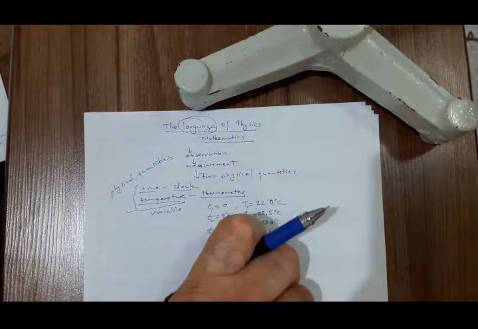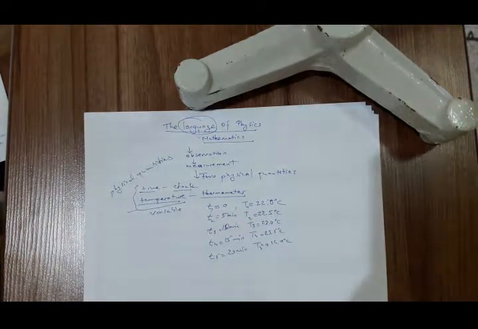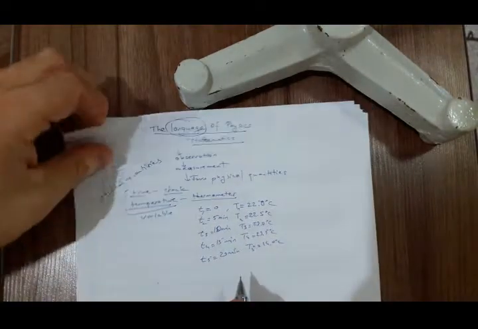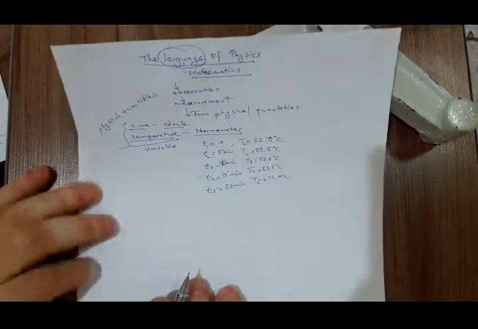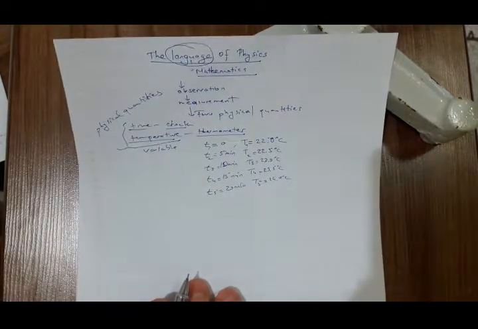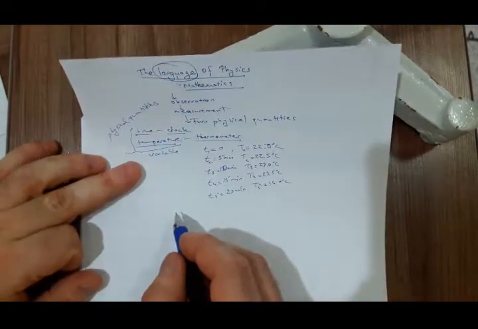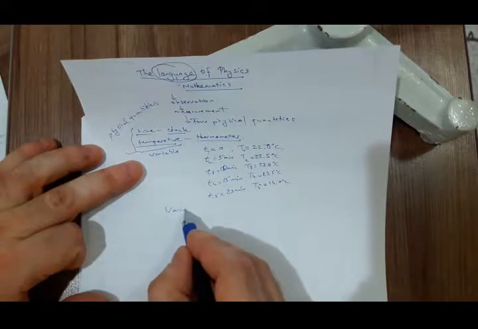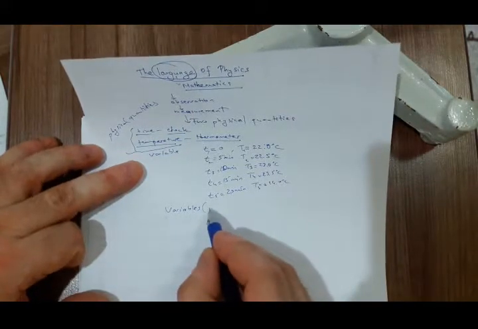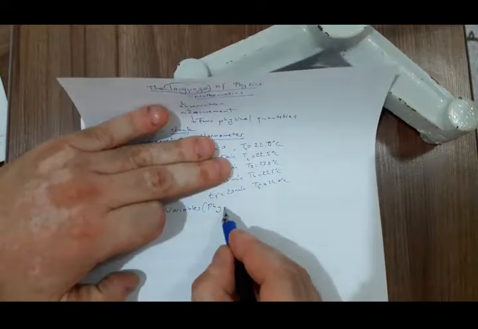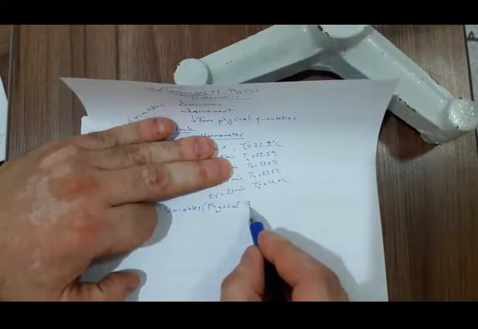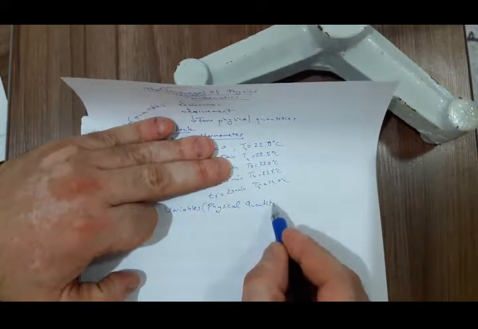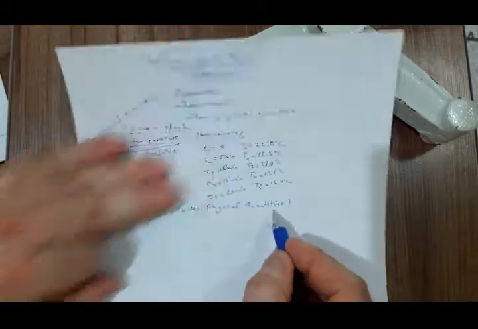Now, to observe or get the exact relation between these two sets of data, the first method is to construct a table. In this table there will be variables; these two variables are physical quantities. We are going to make a table about these two quantities.